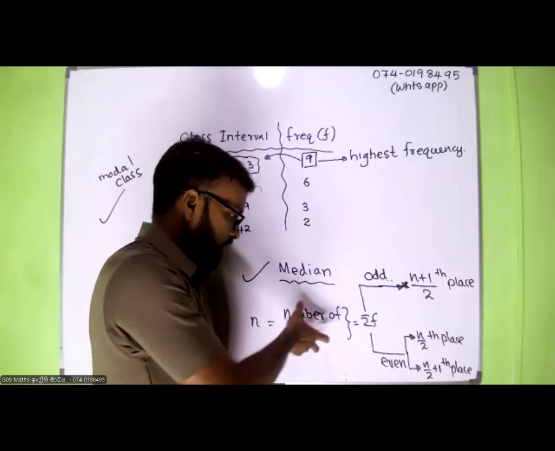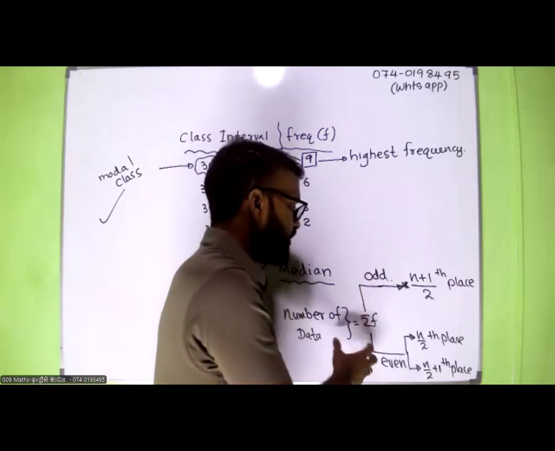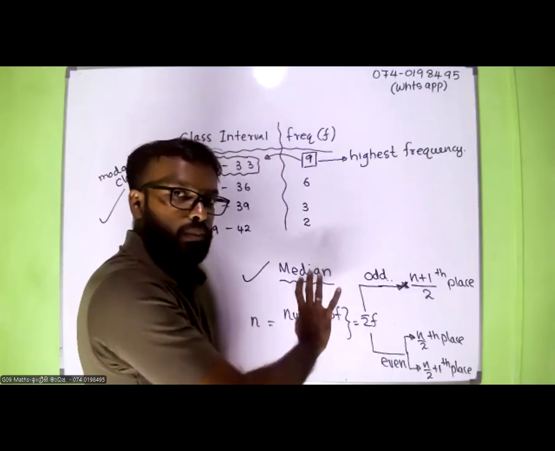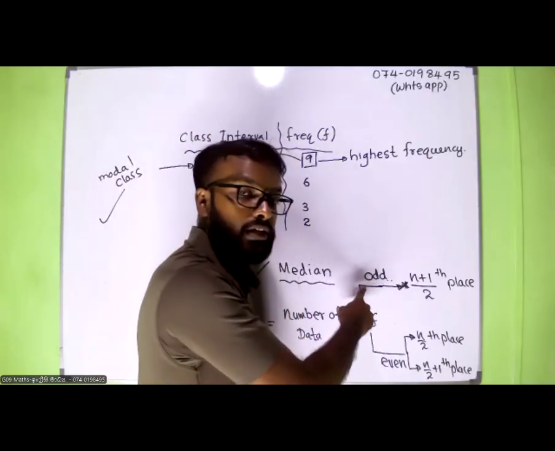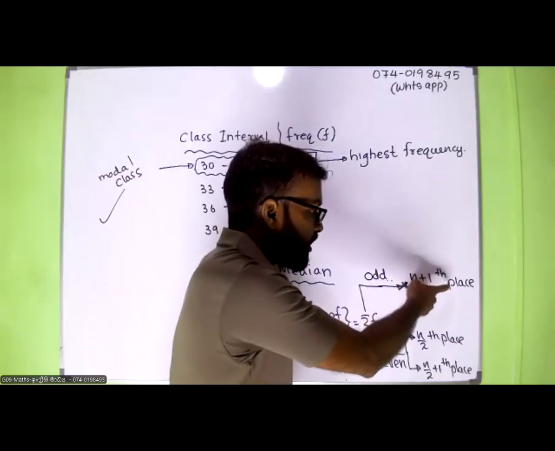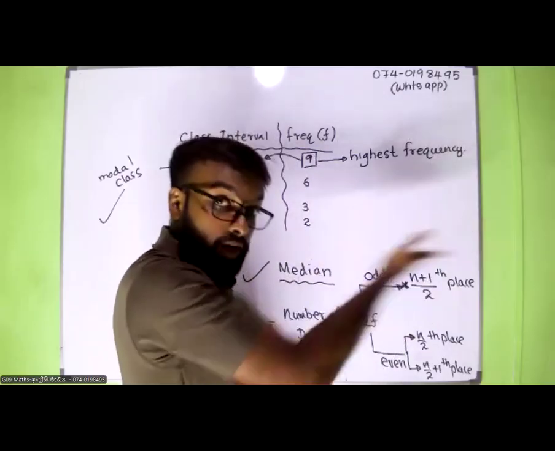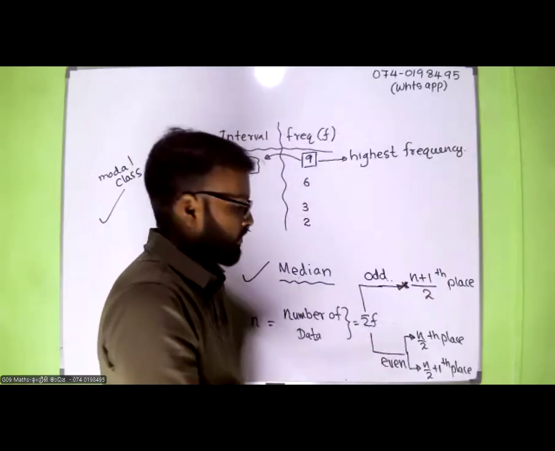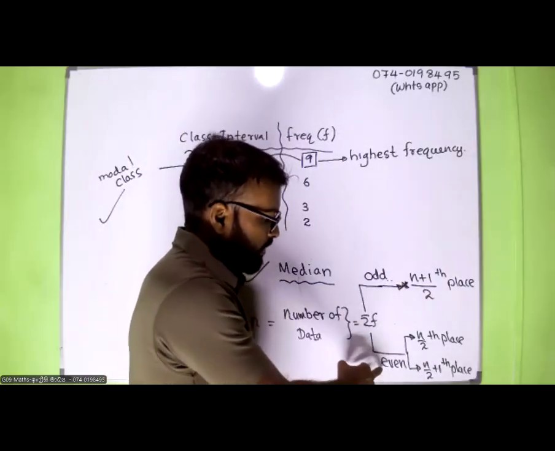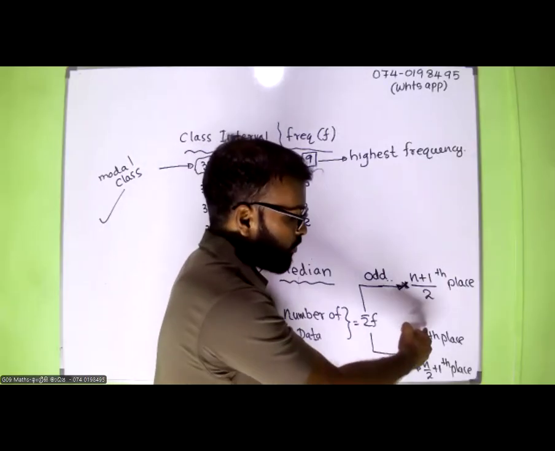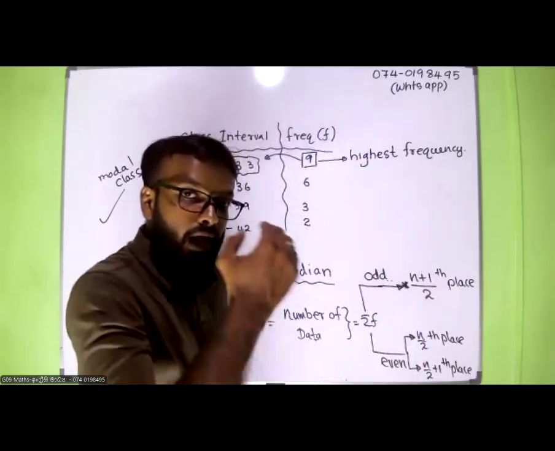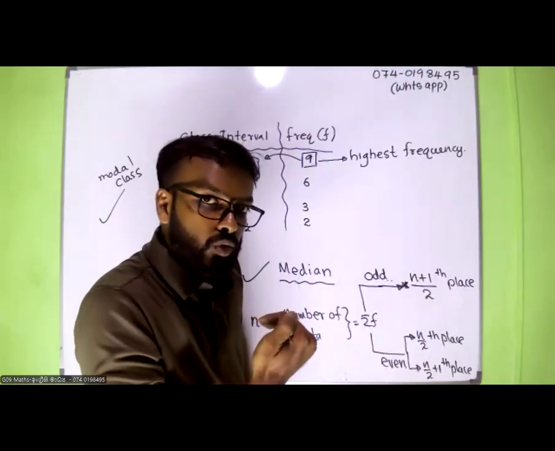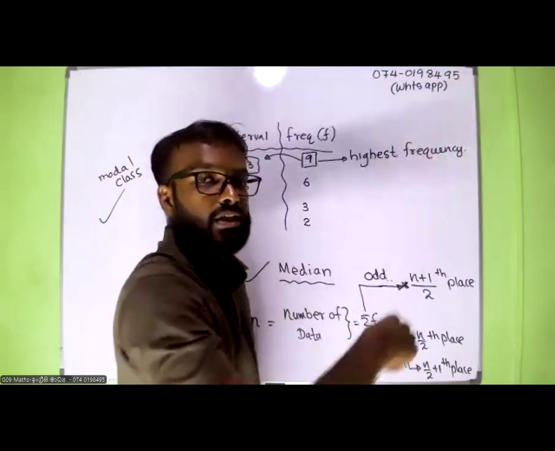Simple n, or number of data, or sigma f, all of them are equal. So if the number of data is odd, we use the n plus 1 divided by 2 place. If the number of data is even, we have to find two places: the n divided by 2 place and the n divided by 2 plus 1 place, the consecutive place.